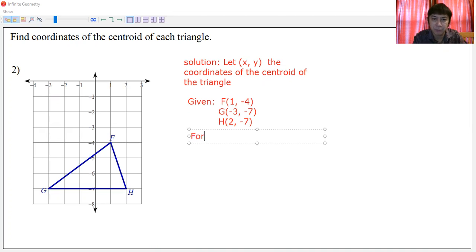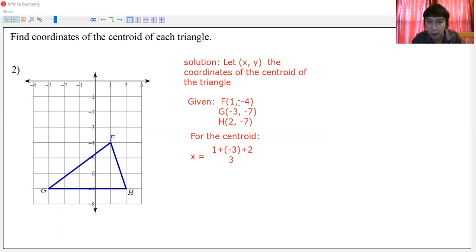We're now ready to compute for the centroid. We start with x is equal to, let's have the x values. This will be 1 plus negative 3 plus 2. And you know where to find those values, of course.